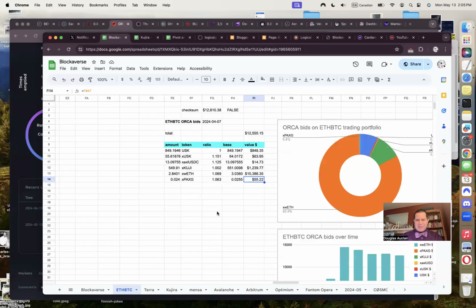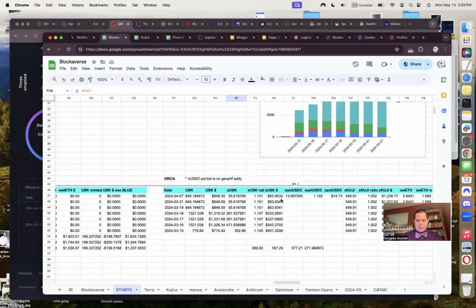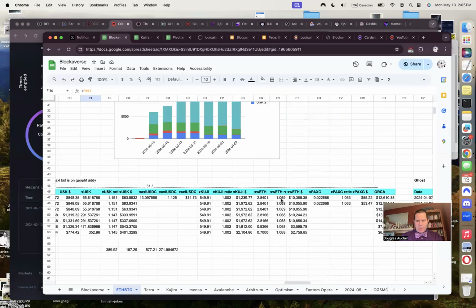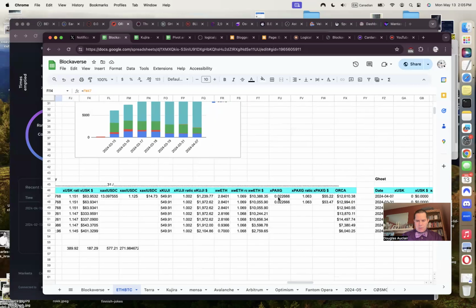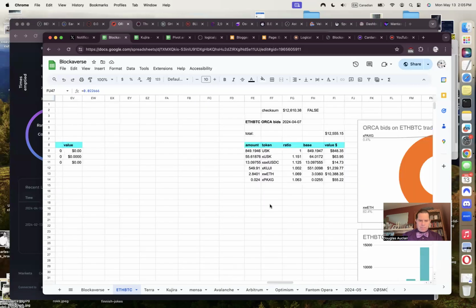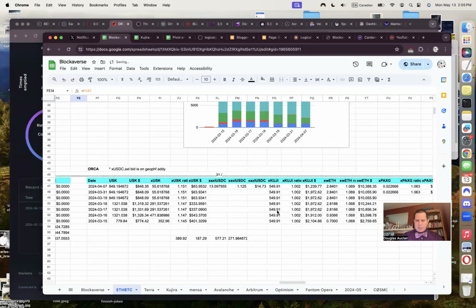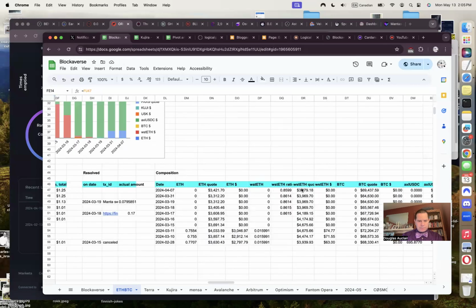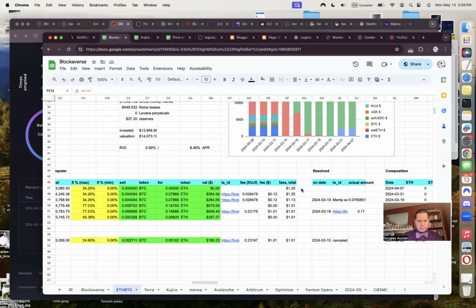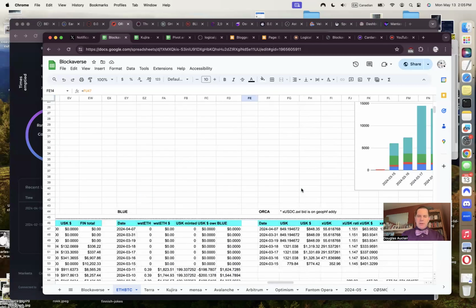I'll have to update this correctly here with the prices for gold. So let's undo that change. Change it here. I'm going to have to alter the spreadsheet. I'll do that later.